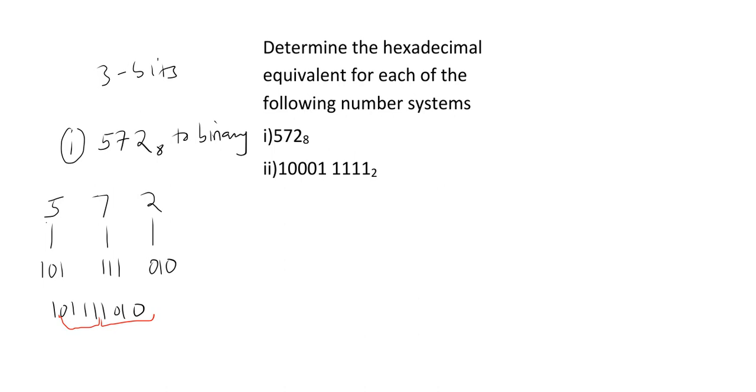Then if you find that there are bits which do not count up to 4, you add zeros to the left. So we shall add zeros to the left here to make 4 bits, and the other group will be that group. Then after we group them in 4 bits group, each group we write the equivalent hexadecimal number.